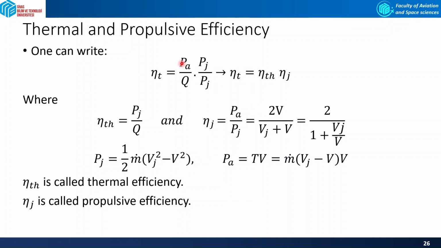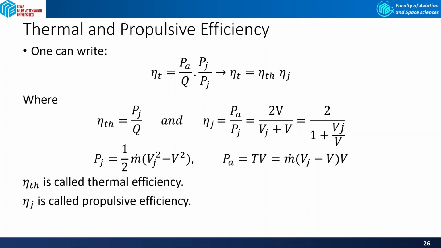If you write these terms, the power available is the thrust times airspeed, you remember, and the jet power is half of m dot Vj squared, the rate of kinetic energy behind the engine, minus a half m dot times the airspeed squared, where v is the speed of the aircraft.